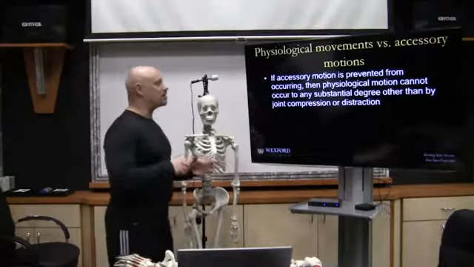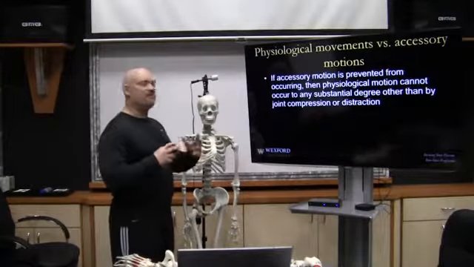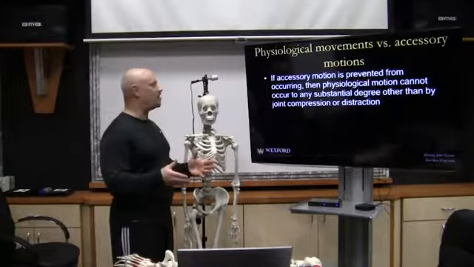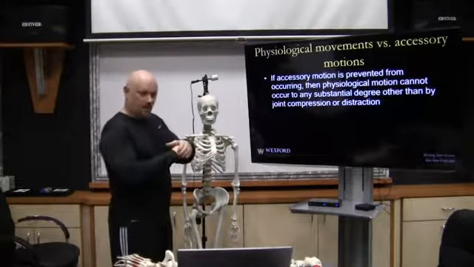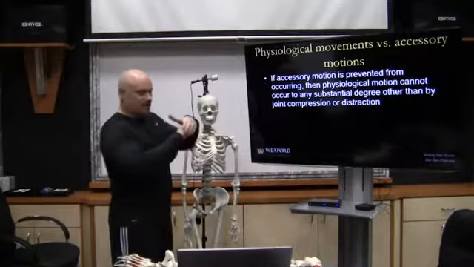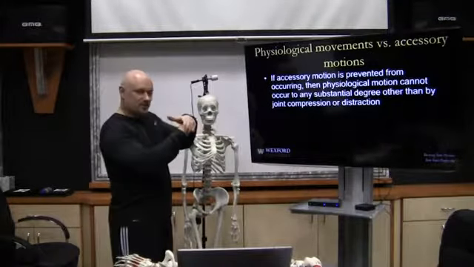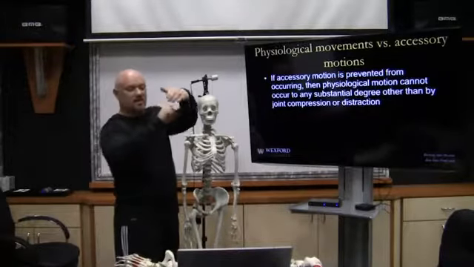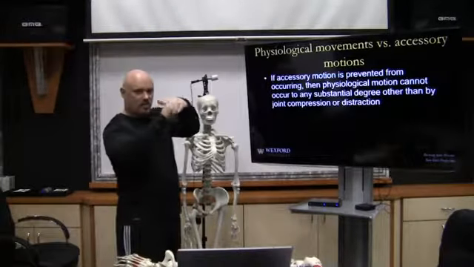If the accessory motion is prevented from occurring, then physiological motion cannot occur to any substantial degree other than by joint compression and distraction. Here's compression. Distraction is moving away from each other.